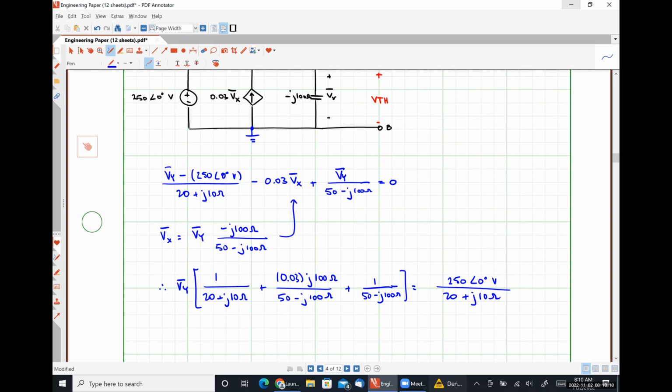And now I can throw things into my calculator and solve for Vy. So give me just a moment here. So 1 over 20 plus 10i plus, let's see, 0.03 times 100i over 50 minus 100i plus 1 over 50 minus 100i.